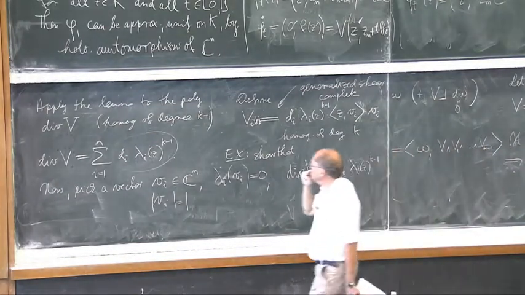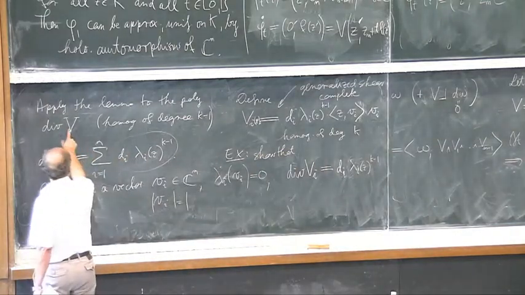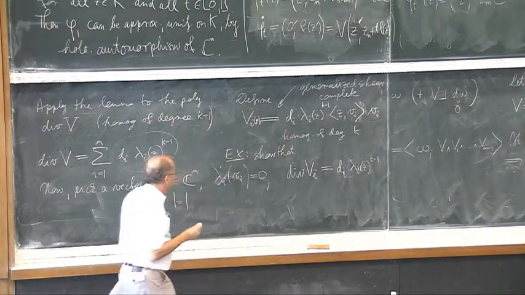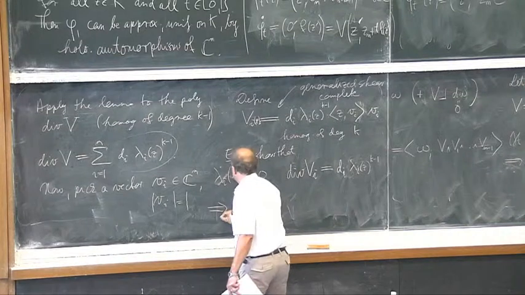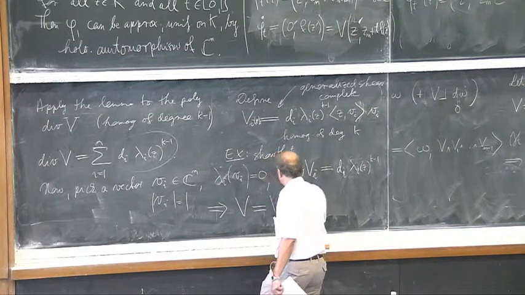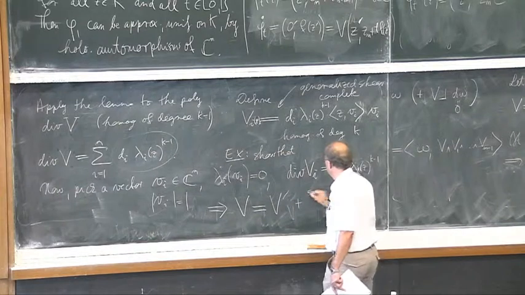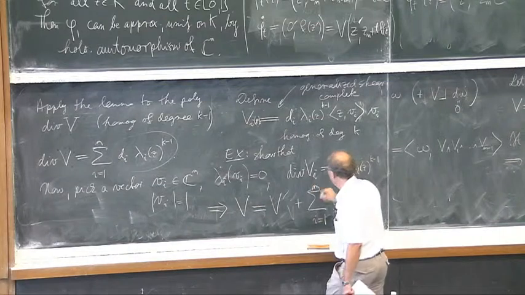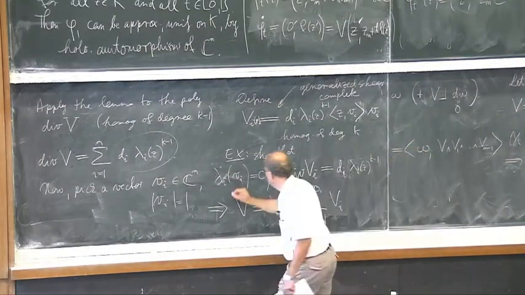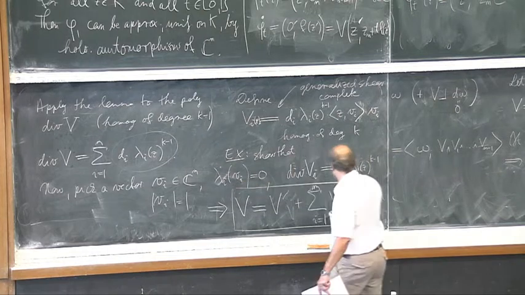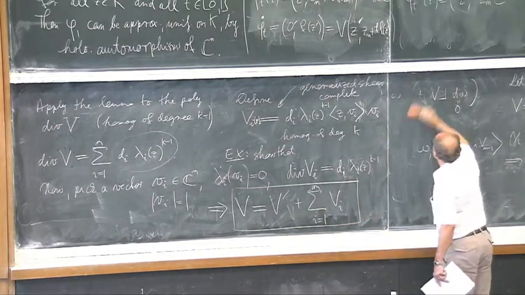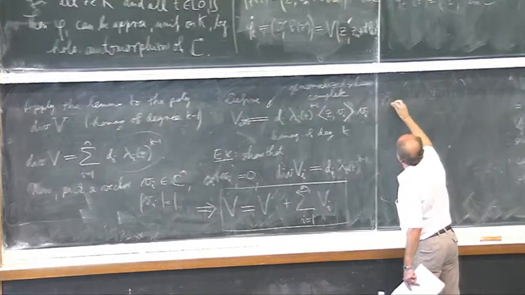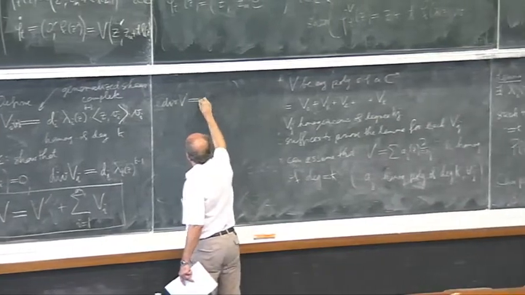Okay, so what does this mean? It means that I can write v as a sum of these guys plus something else. So I can now write v as something else, v prime, plus the sum of these guys which I made here. I can write like so. But now the calculation shows that if I apply divergence on both sides, I get the divergence of v.